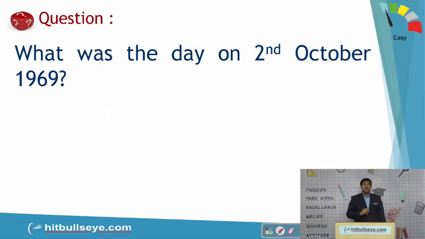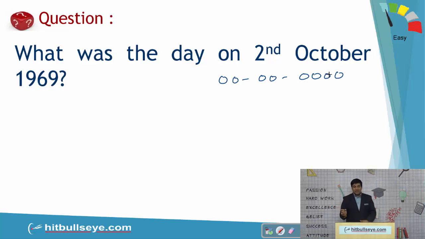Now let's apply this concept in a particular question. What was the day on 22nd October 1969? To calculate this, we would start our calculation from 0000. As we know, the multiple of 400 will have no odd days.